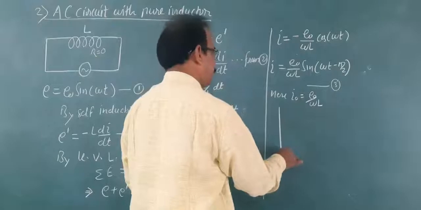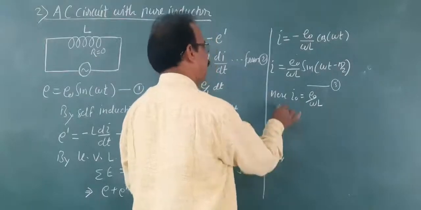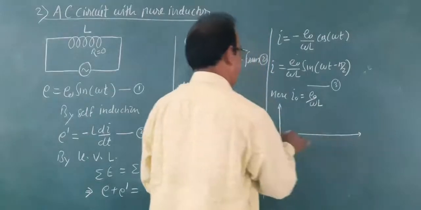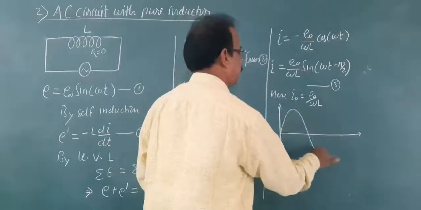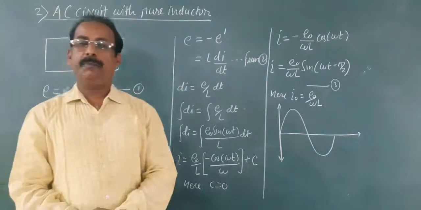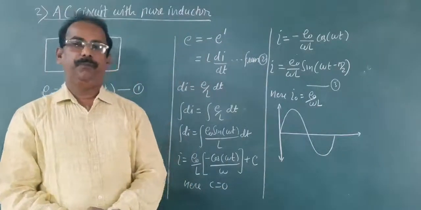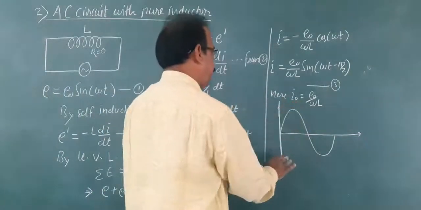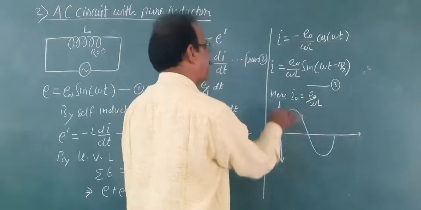Suppose this is the graph of alternating EMF, which is varying periodically between plus E0 and minus E0.